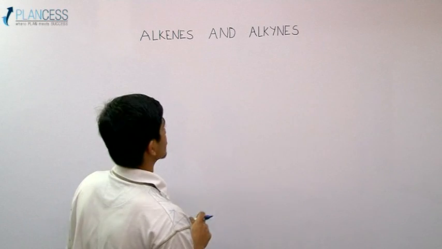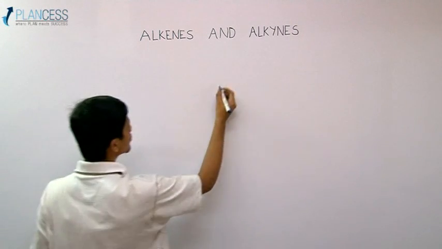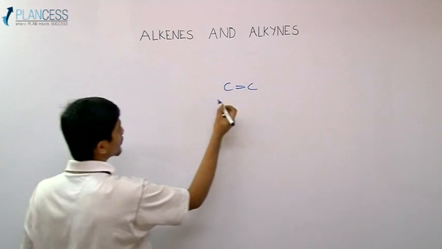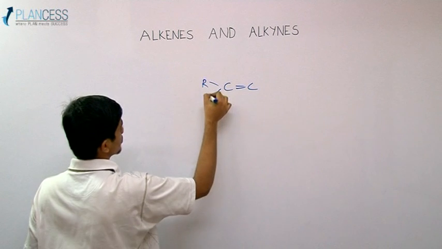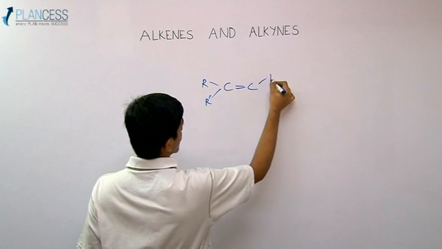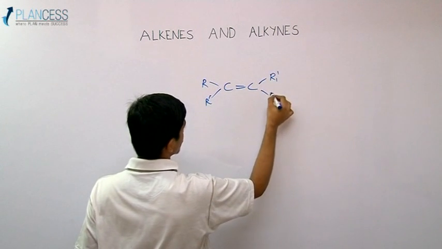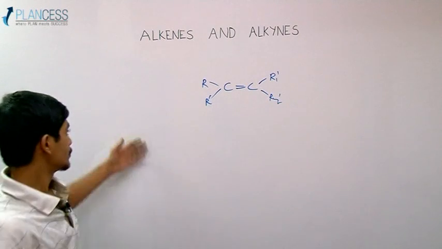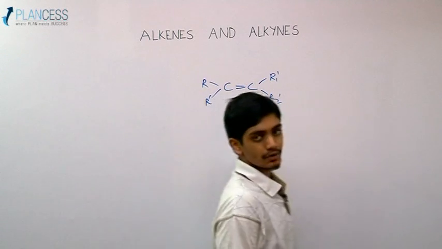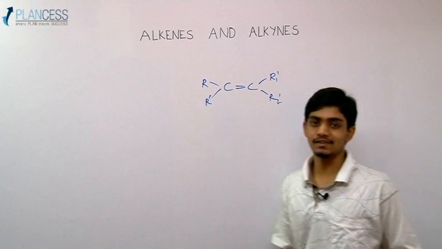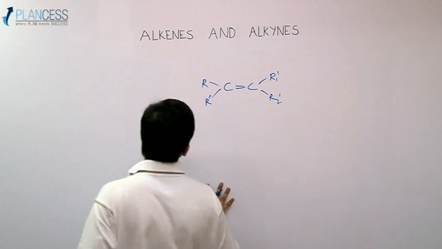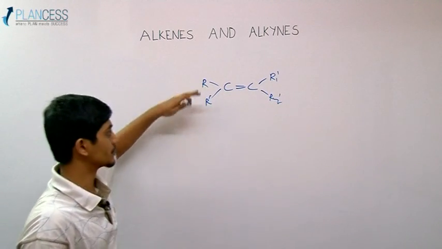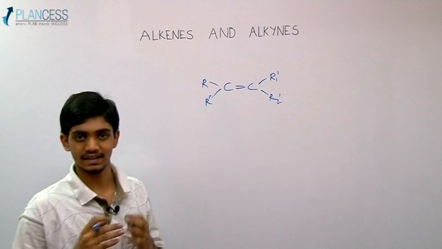Let us see first alkenes. Alkenes, as we know, are the organic compounds which contain this type of groups: R, R dash, R1 dash, R2 dash, etc. So these four can be any groups and you can have so many number of alkenes possible. Now what is the structural difference between the alkenes and alkanes?